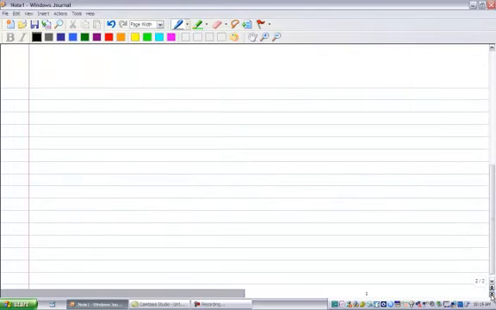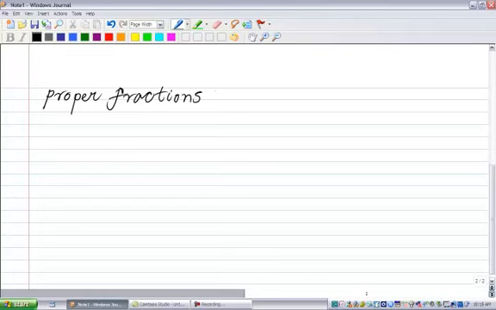Now, there are two types of fractions. We call them either the proper fractions. The proper fractions are the fractions where the denominator is bigger than the numerator, okay? So here, the denominator is larger than the numerator.